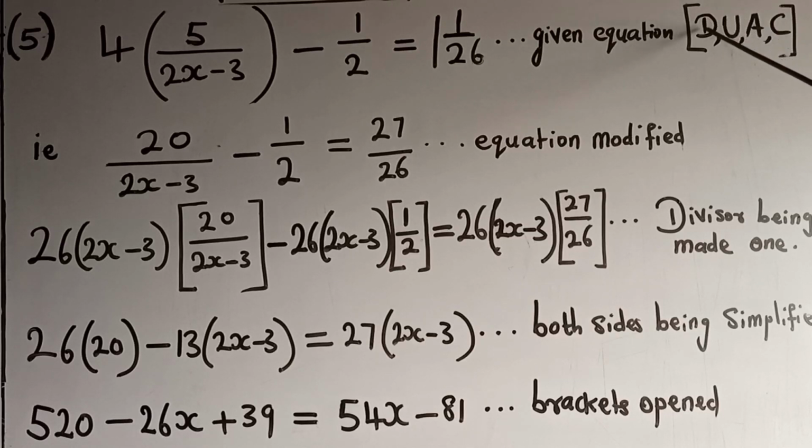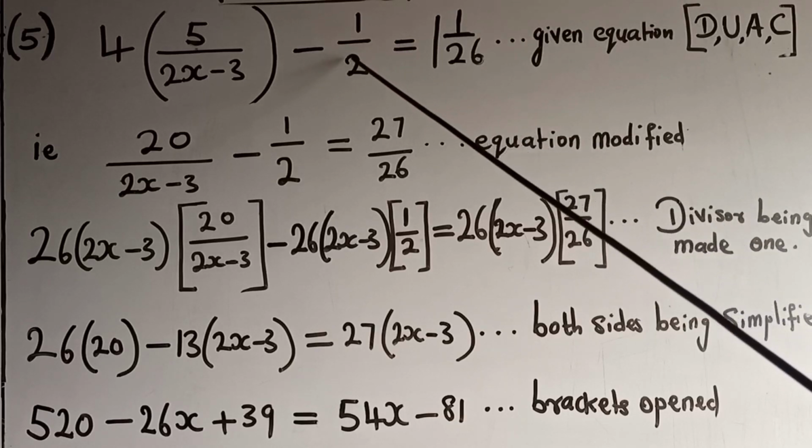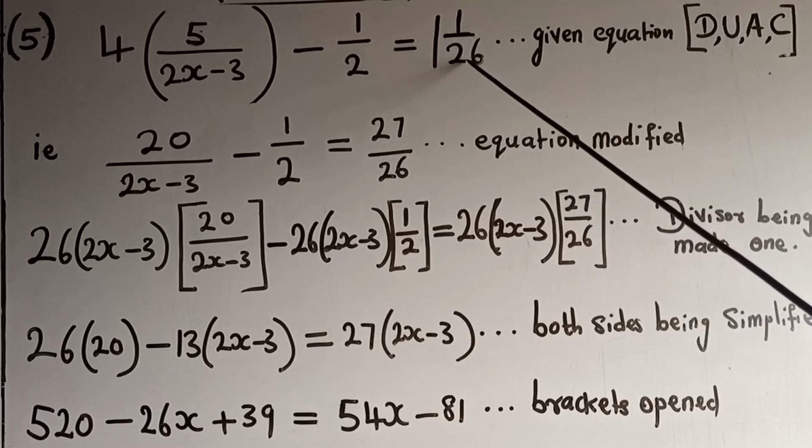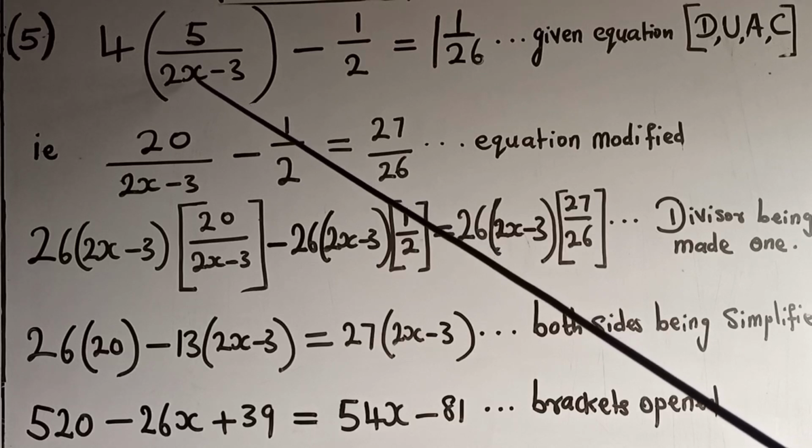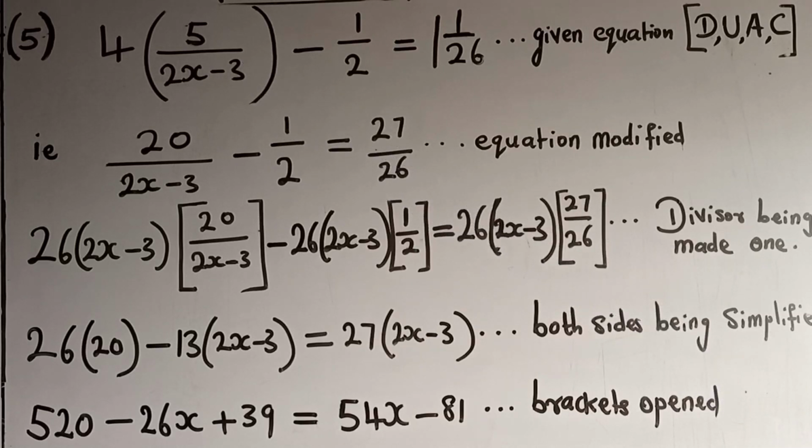It is D, U, A, and C, which means that there will be a need to make a divisor become 1. See divisors here: 2, 26, 2x minus 3. They are all divisors. And even if some are 1, all are not 1. Therefore, there will be a need to make the divisors become 1.